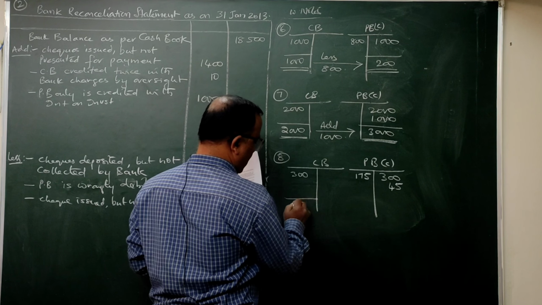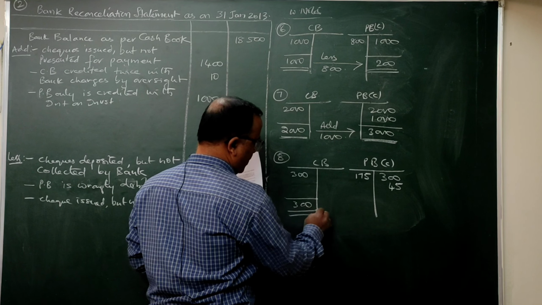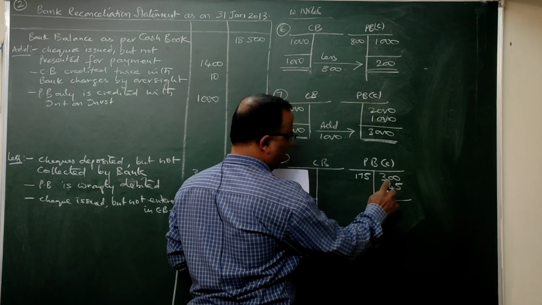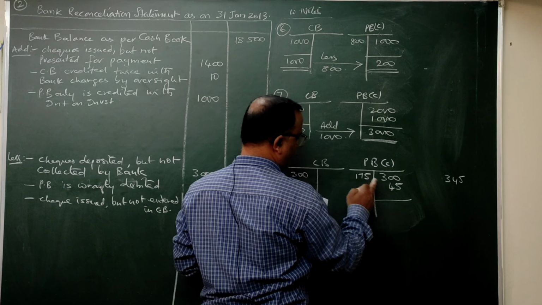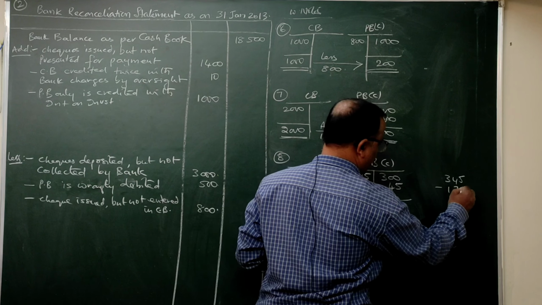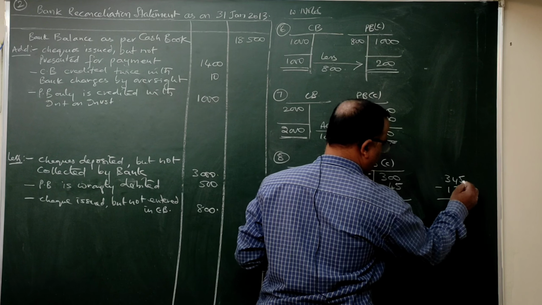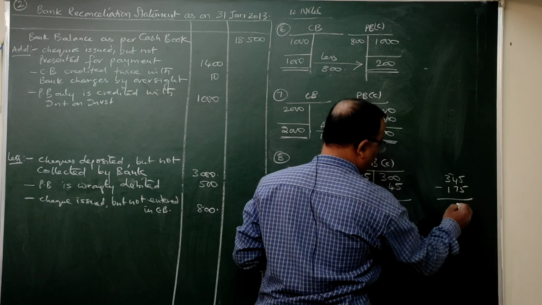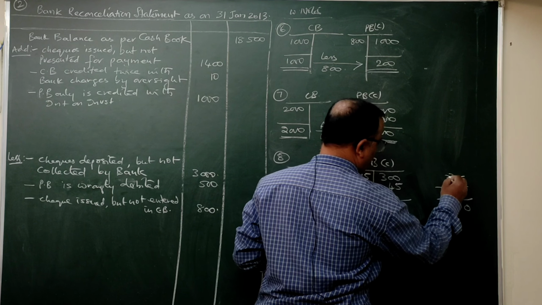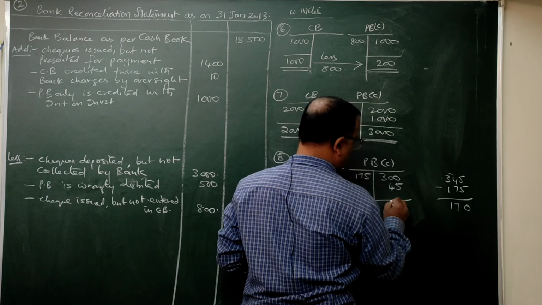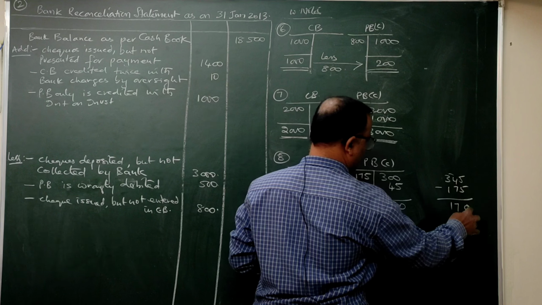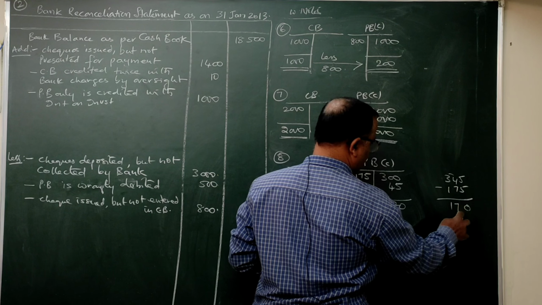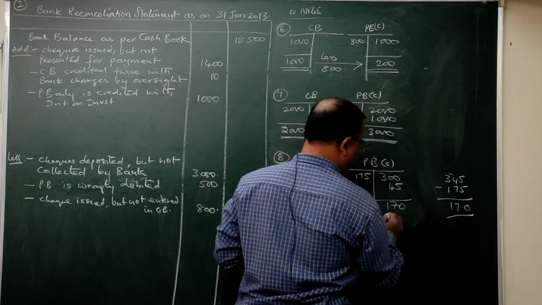So the cash book remains at 300, whereas the passbook will show 300 plus 45, 345. From that we subtract 175. How much will it be? 0, 14 minus 7 is 7, 2 minus 1 is 1. That means it will show 170.